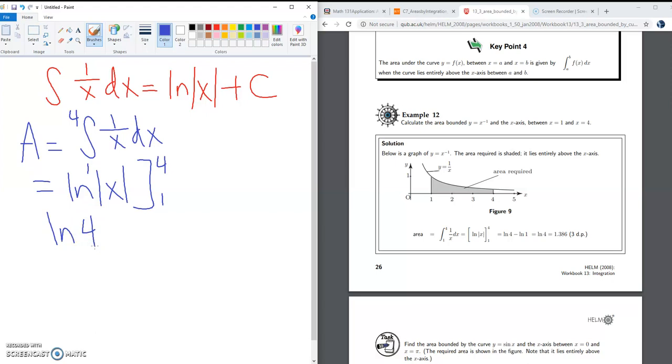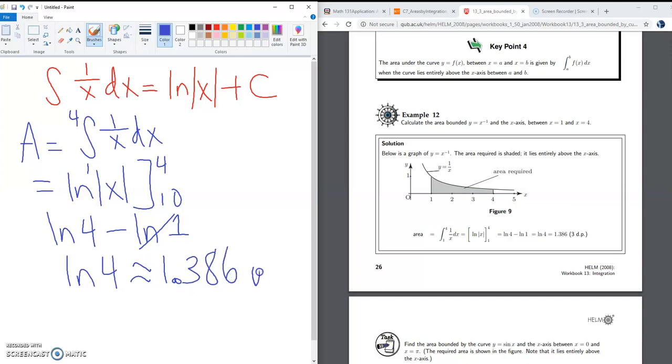You must have a mandatory minus sign in between your substitutions. And then the second time around, plug in 1 for x. The natural log of 1 is 0. So our final area is natural log of 4, which is roughly 1.386 square units if you have to express your area as a decimal.